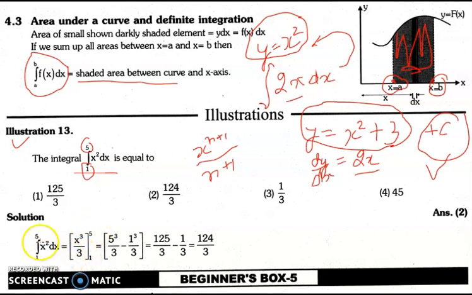Whenever we are trying to calculate the definite integral, what we'll do is we'll simply put the upper limit first in place of x, means 5 cube by 3 minus, then we'll put the lower limit, 1 cube by 3. So in this way you can calculate your answer, which comes out to be 124 by 3. So option number 2 is correct.